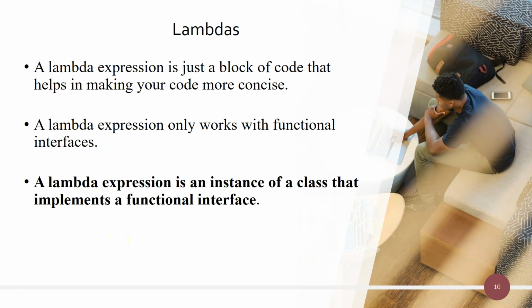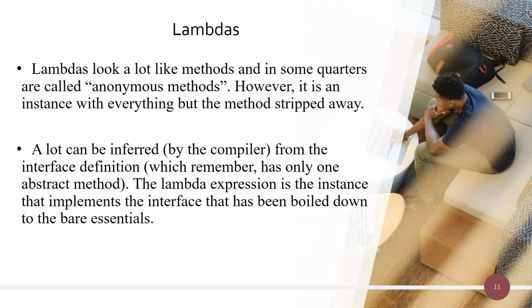A lambda expression is an instance of a class that implements a functional interface. So the compiler is doing quite a bit of work in the background. Lambdas look a lot like methods, and in some quarters are called anonymous methods. However, they are in fact instances of classes that implement the functional interface in question, with everything but the method stripped away.